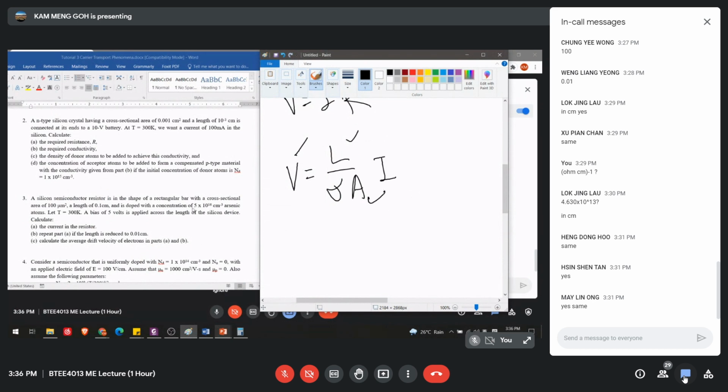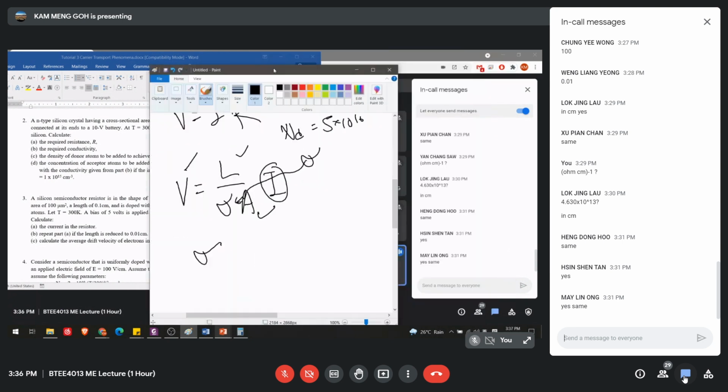This one is arsenide atom. Since it didn't mention whether this is an ND or NA, we just assume this one as an ND first. Okay, ND equals to 5 times 10 to the power 16. Then we calculate the conductivity, put it inside here, and we will calculate the I. So what's the answer for 3A?